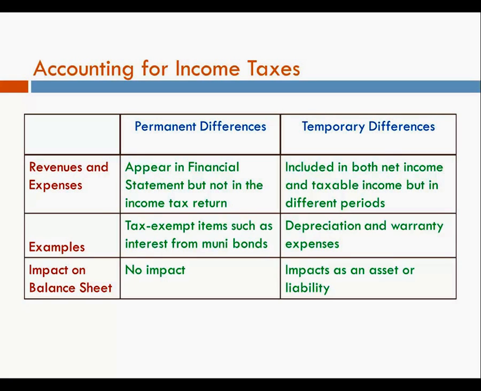Temporary differences are when you have expenses that are different on a timing basis between the two, and the most obvious example would be depreciation expenses. You could have different depreciation schedules for the two. Eventually, they should match each other. They should add up to the same thing. It's just a timing difference.